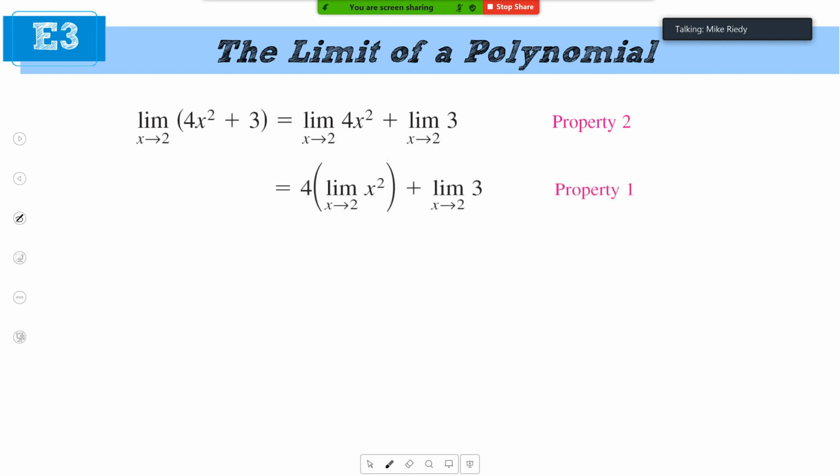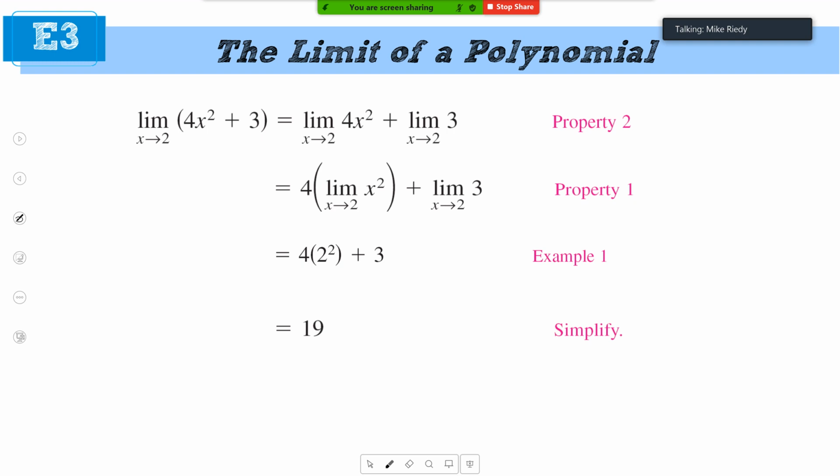Well, then I would know that if I have the exponent in there, I can treat it that way, and you go through all this business, and we would plug in the 2 there and find the limit of that, and then the limit of a constant is just the constant. That's the limit of b as x approaches b. So that just becomes itself, and then I plug the 2 in there because that's plug and chug. We talked about that already. And then simplify, and we get 19.